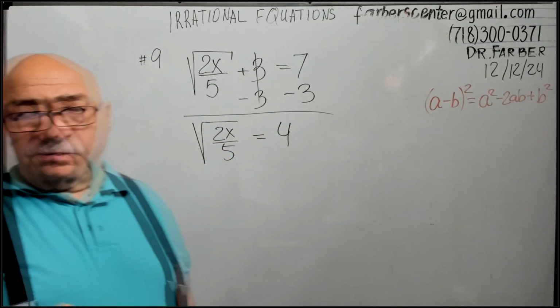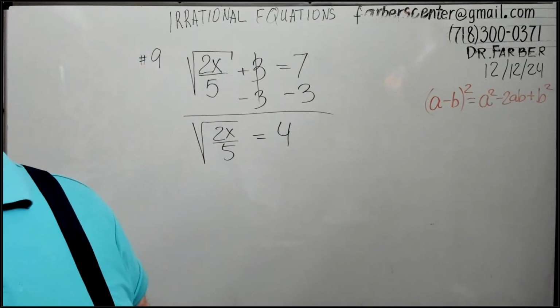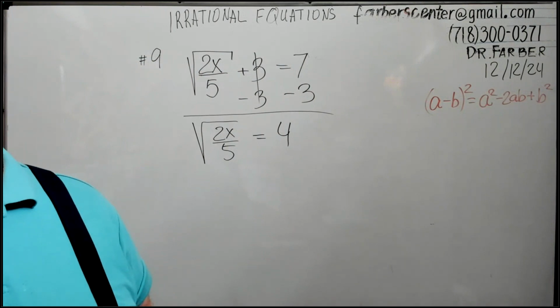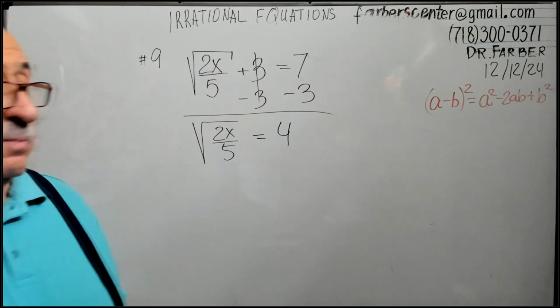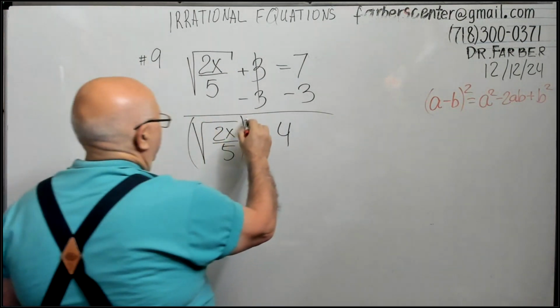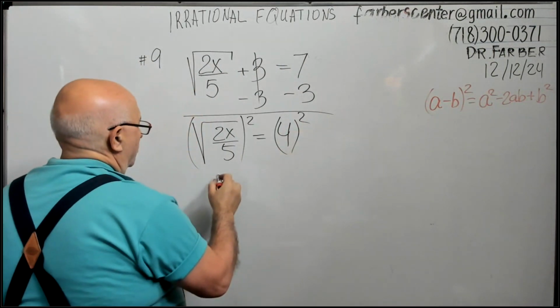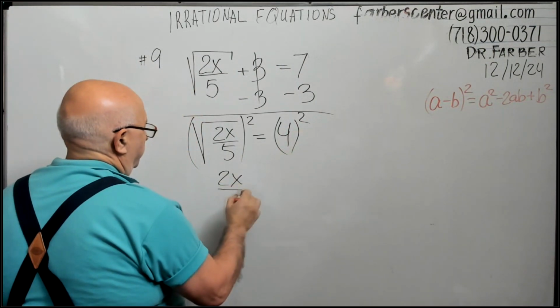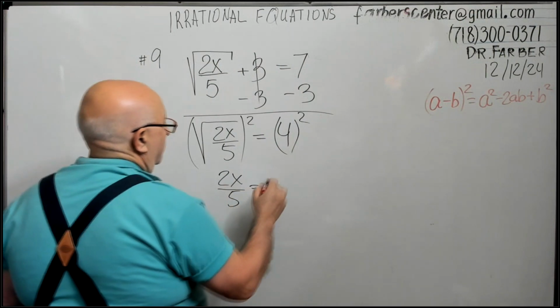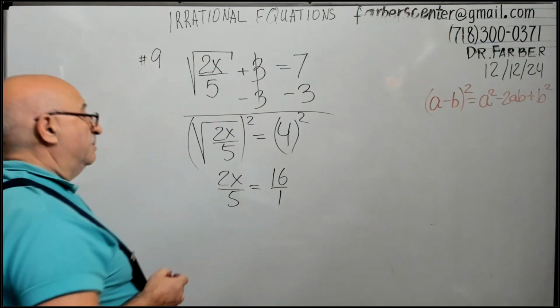Who understands up to this point? Good, good, good. Clarissa? Good. Gabriel? Now, get rid of the radical. Two x over 5 equals 16, or 16 over 1, you can think.